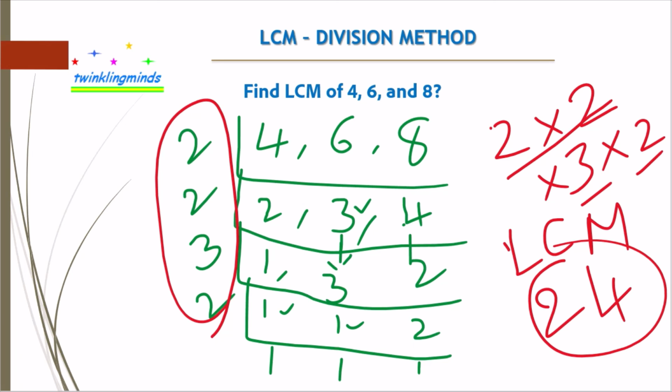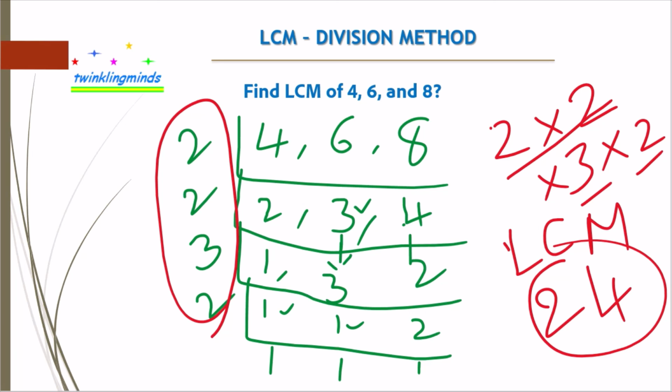So by using these two methods, we can find LCM of any given set of numbers easily. Sometimes you may have big numbers, so we may have to do more iterations, but this is the approach or the method which we normally follow to find LCM unless specifically asked to find it using the prime factorization method.